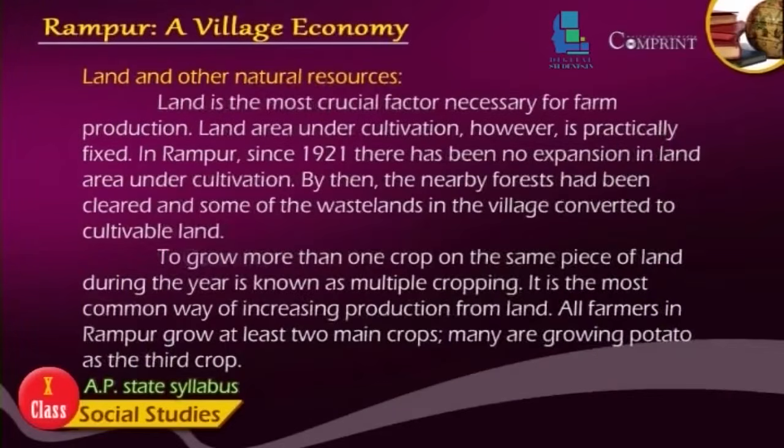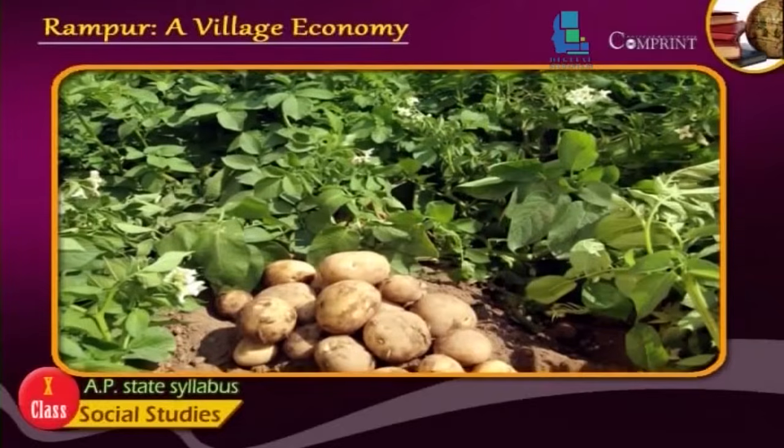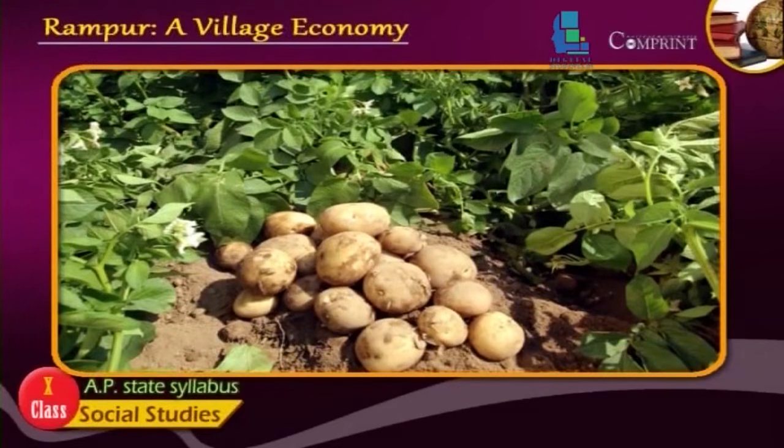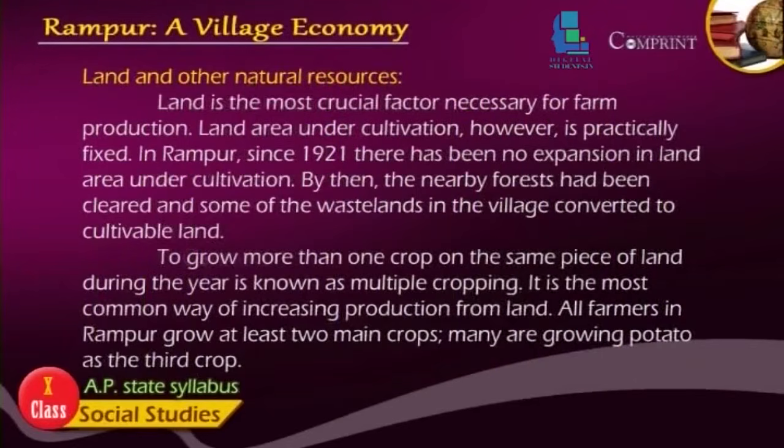To grow more than one crop on the same piece of land during the year is known as multiple cropping. It is the most common way of increasing production from land. All farmers in Rampur grow at least two main crops. Many are growing potato as their third crop.